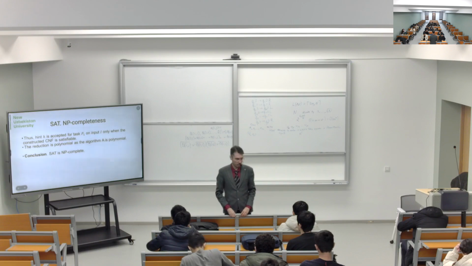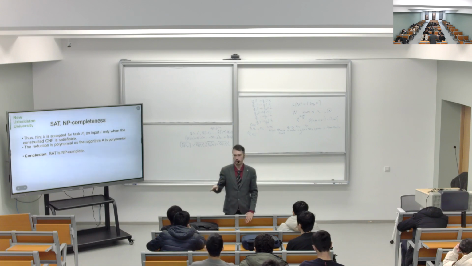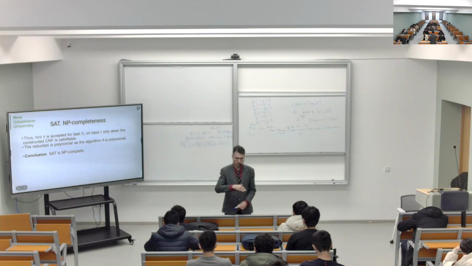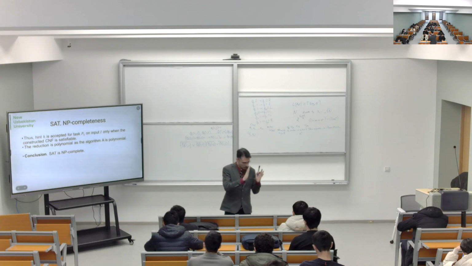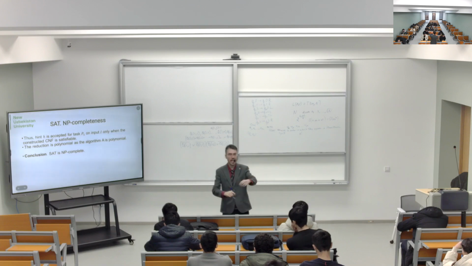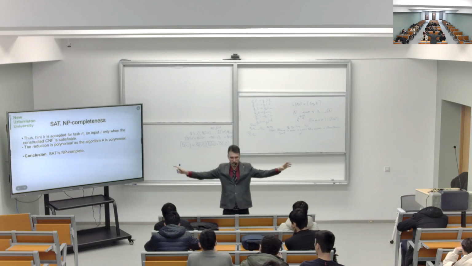This is a very hard problem, and this was the first theorem to be proven. And then all other theorems were much easier to prove because you just reduce SAT to that problem. So if you can reduce satisfiability to another problem, then this problem is also NP-complete. Because for SAT we proved that any NP problem can be reduced to SAT.